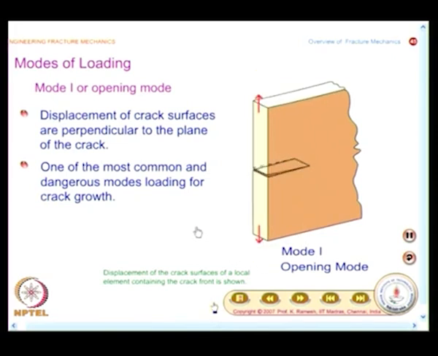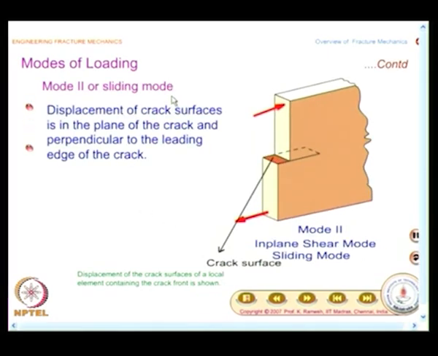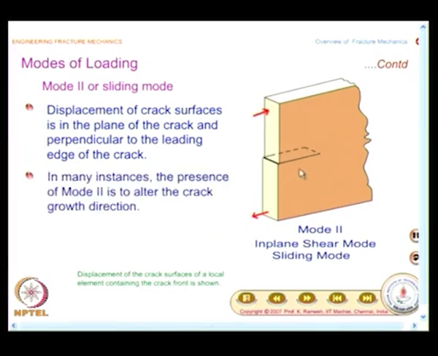Then we move on to mode 2, which is also known as a sliding mode, and you could see here in this animation, this is the crack and the crack surface slides, there is a sliding in the plane, and you call this the in plane shear mode or sliding mode.